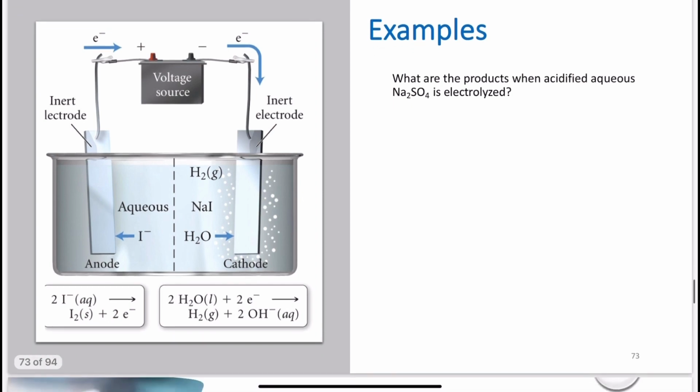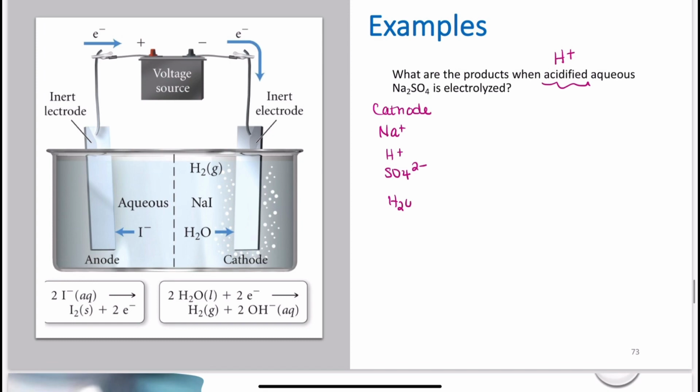What about when I have acidified aqueous sodium sulfate? What does acidified mean? It means that I have extra H+ floating around. What can happen at the cathode? Let's see, I've got sodium ions, protons, sulfate ions, and water.